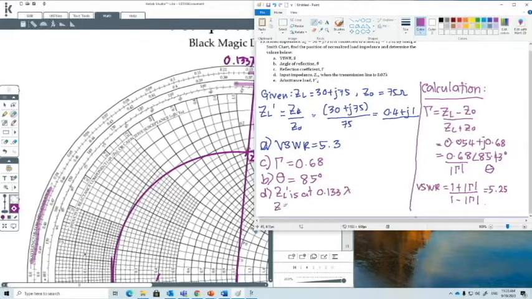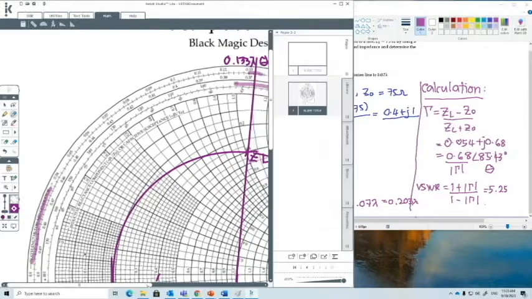So Z in prime is equals to 0.133 lambda plus 0.07 lambda. So use your calculator. 0.133 plus 0.07, so you will get 0.203.